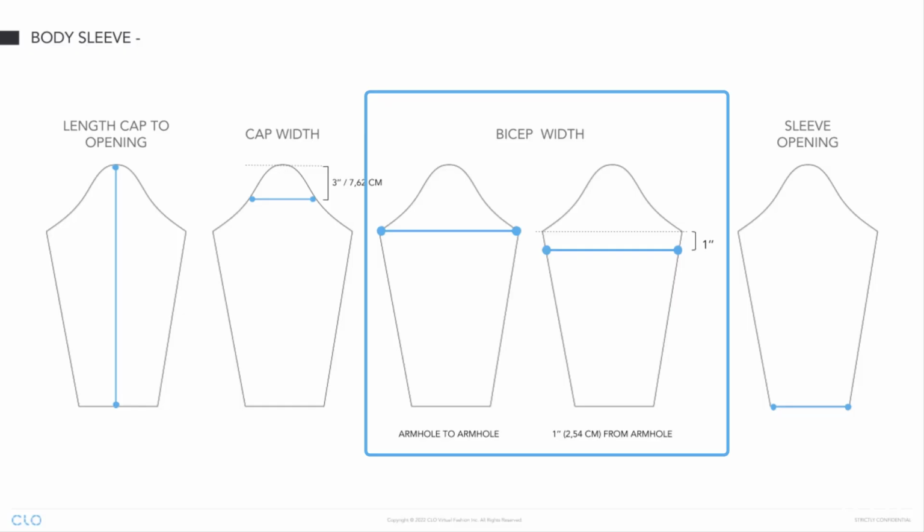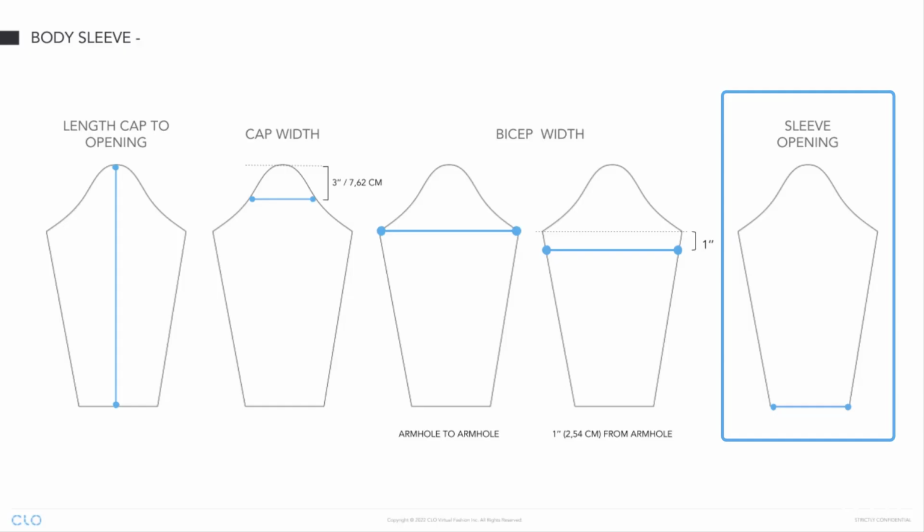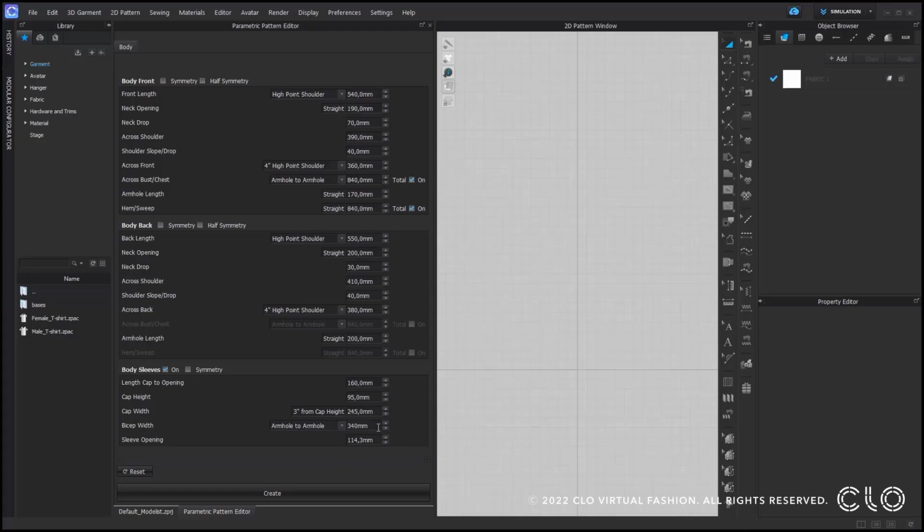For the bicep width, you can measure it from armhole to armhole, or 1 inch down from the armhole. In this example, I am using 340 mm with the armhole to armhole option. Finally, for the sleeve opening, the value will be 300 mm.